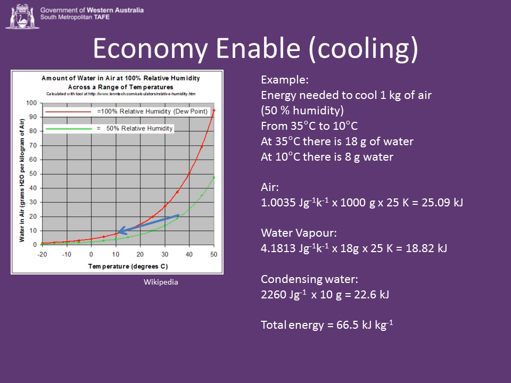That's again more than before. Condensing 10 grams of water is going to cost me 22.6 kilojoules. So all up, cooling the much hotter air actually cost me 66.5 kilojoules, which is less than before. The reason for this is that I condensed less water out.